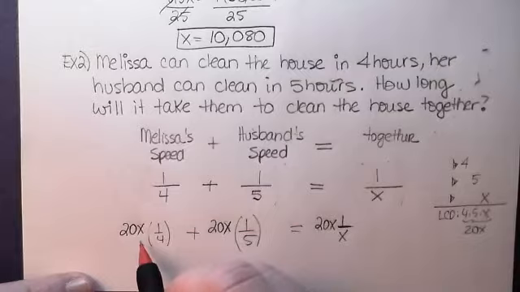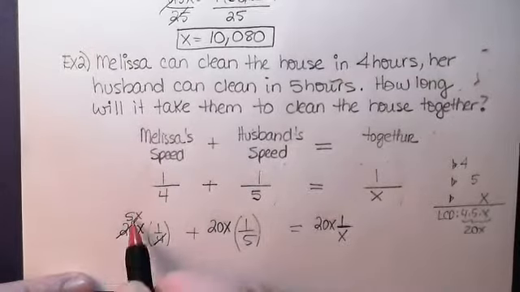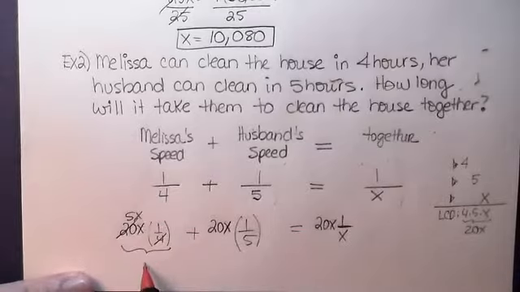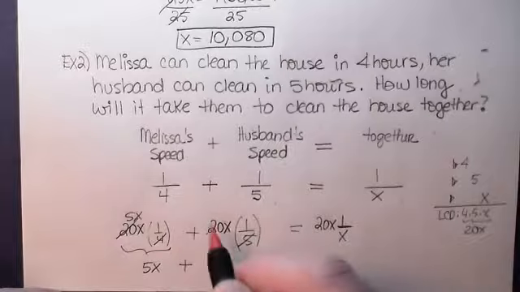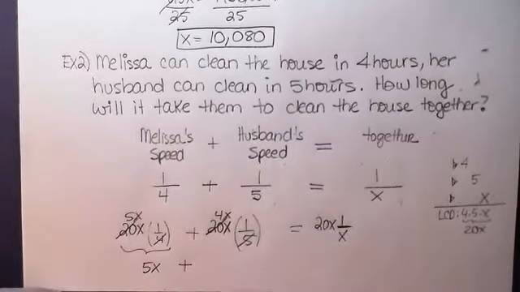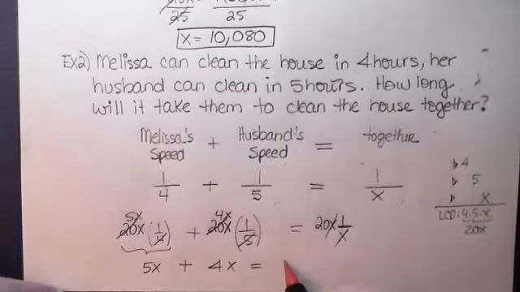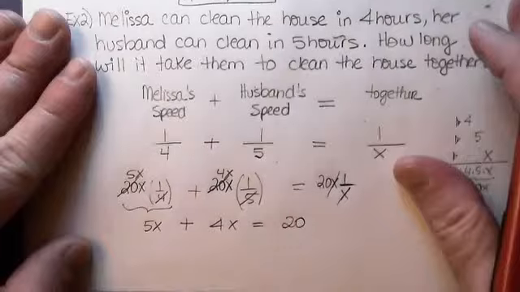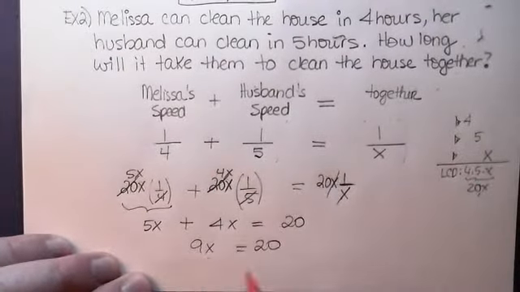Alright, so the 20 is going to cancel with the 4, so this becomes 5x, and 5x times 1 is 5x, plus the 5 cancels the 20, becomes a 4x. 4x times 1 is 4x. And here the x cancels and I'm left with 20. So if you notice, I get a very simple equation, which is 9x equals 20.